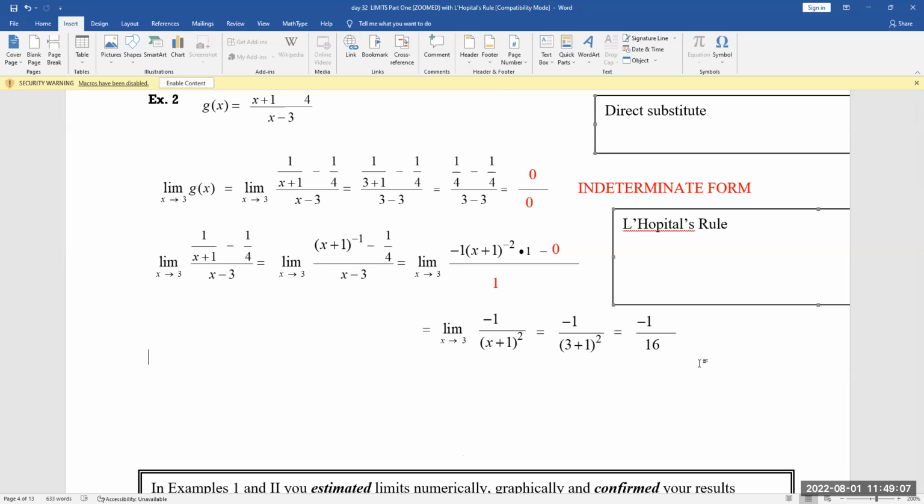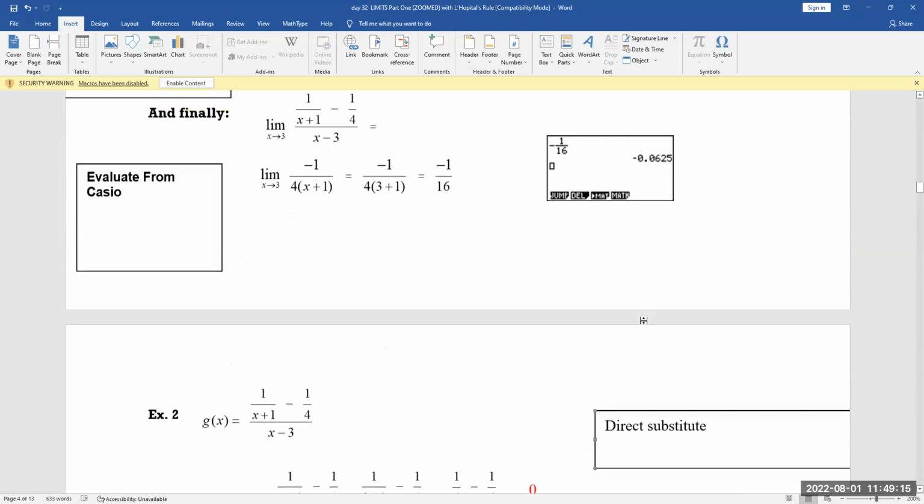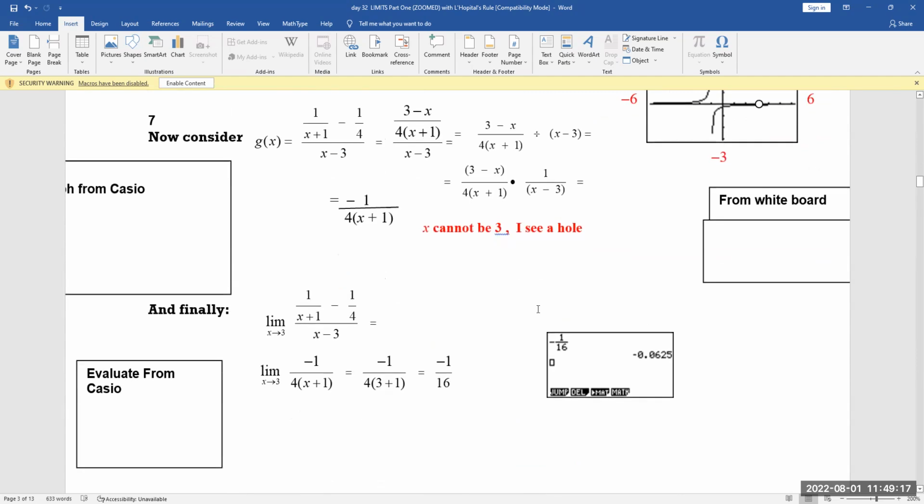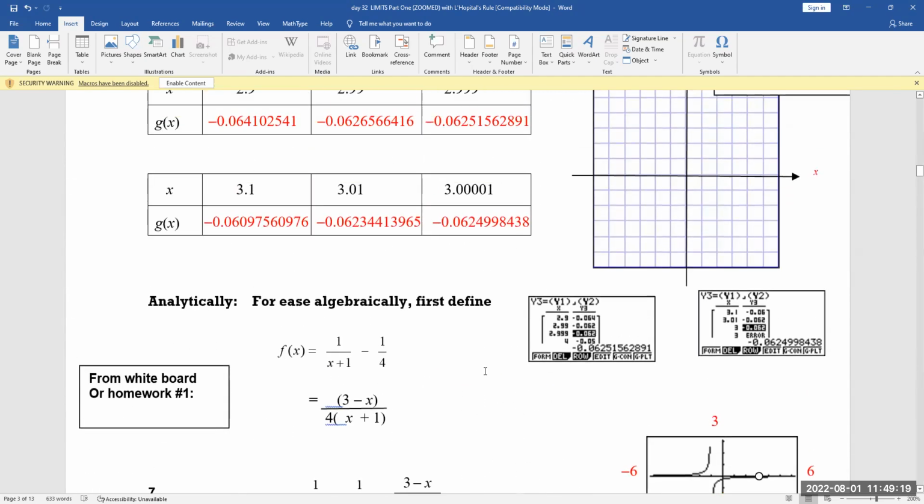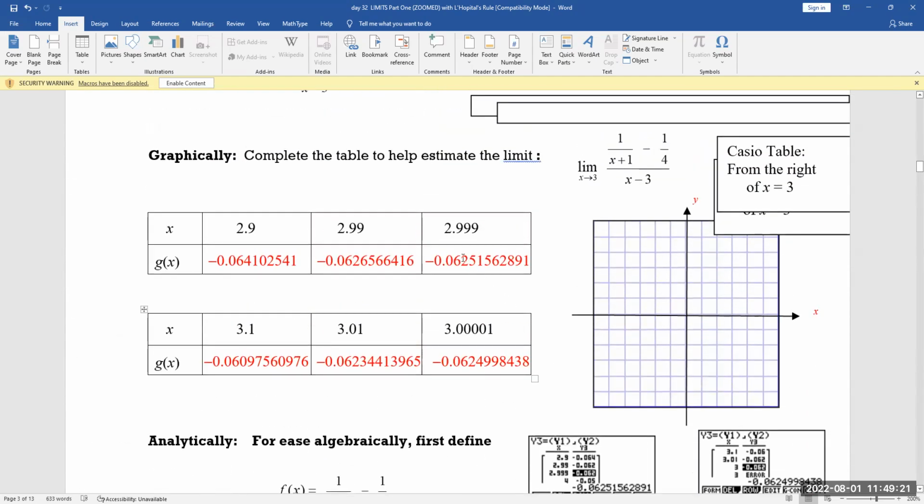And that gives me the same value where our hole was located as did the analytical method here, and almost the same answer as our tabular data, our numerical data did here.